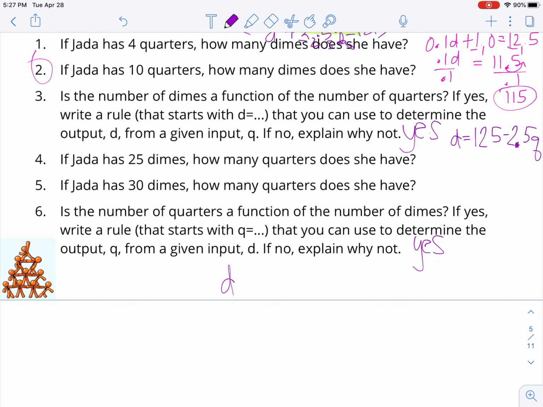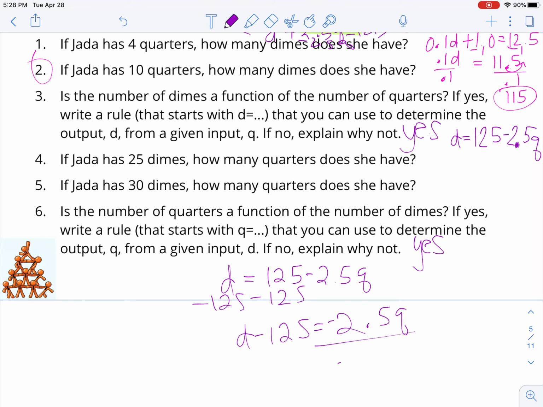So if we have, you know what? Yeah, let's start with the equation we did for the other one. So D equals 125 minus 2.5Q. And I want to get Q on its own. So I'm going to go minus 125, minus 125. So D minus 125 equals negative 2.5Q. I'm going to divide by negative 2.5, negative 2.5.